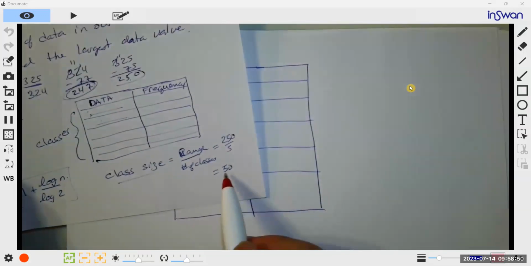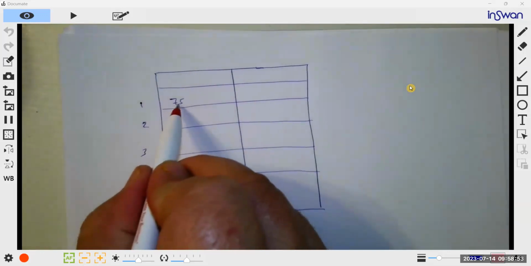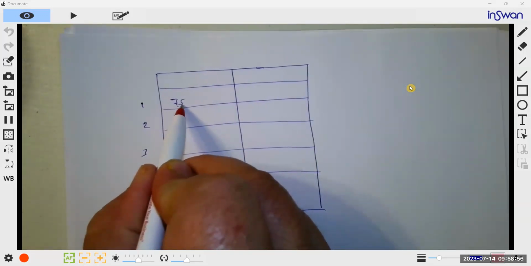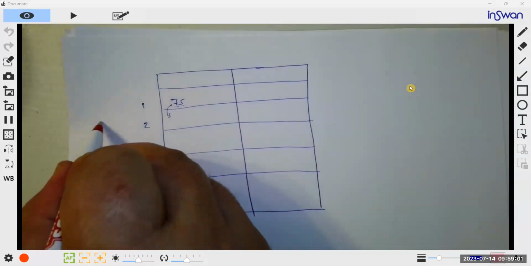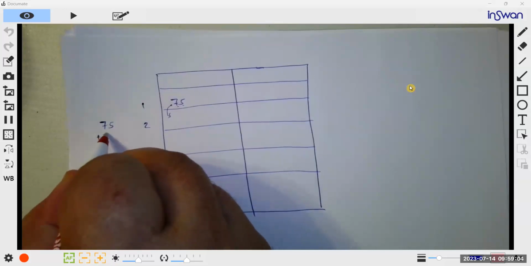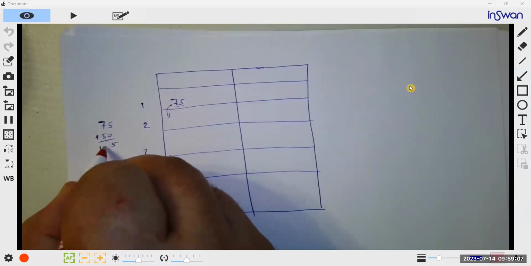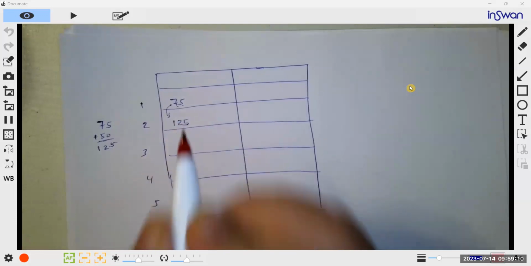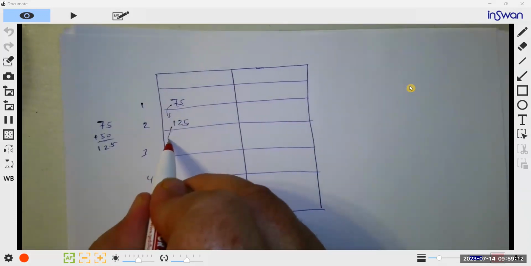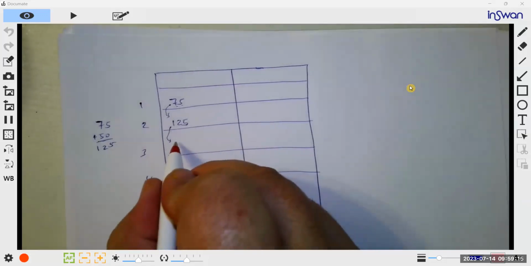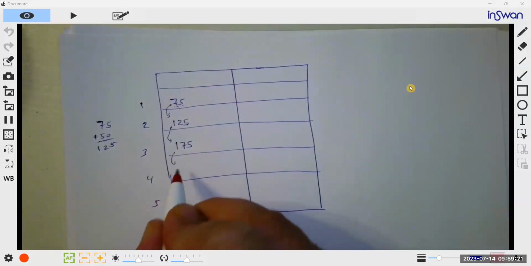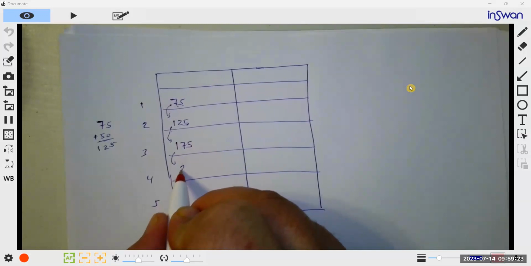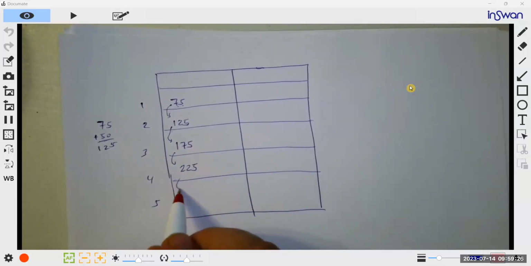Remember, our class size we said is 50. So from 75, if you add 50, that's where the next one is going to start. So 75 plus 50 is 125. And then from this one, add 50 to it, we get 175. Add 50 to it, we get 225. And then add 50 to it, we get 275.